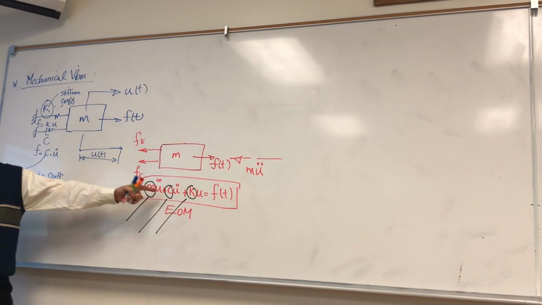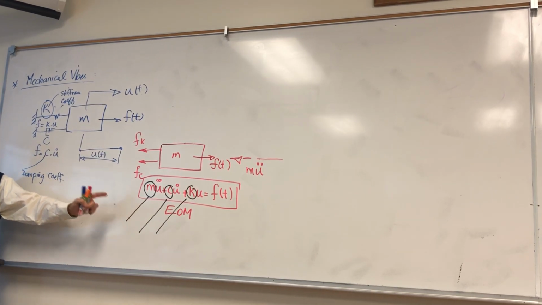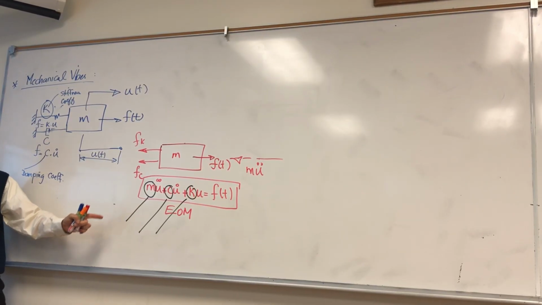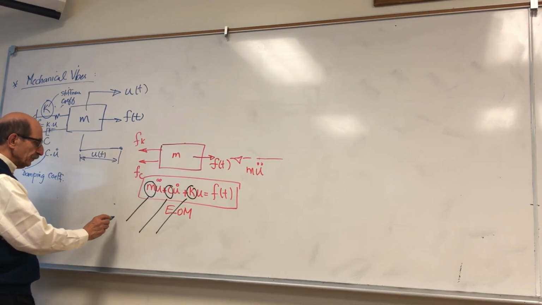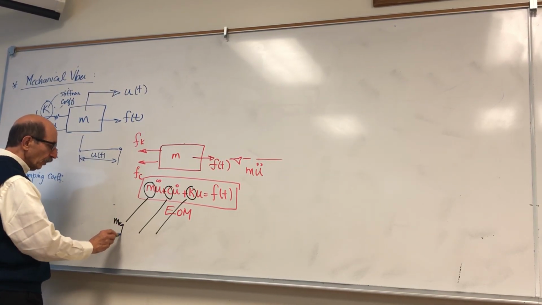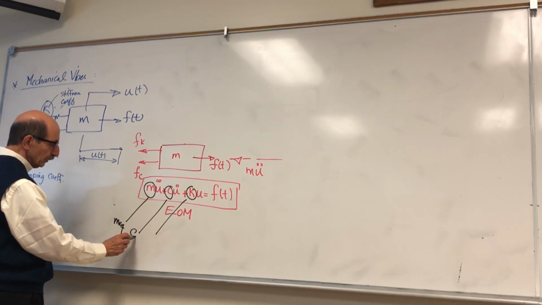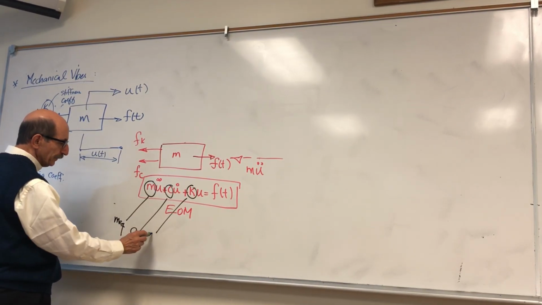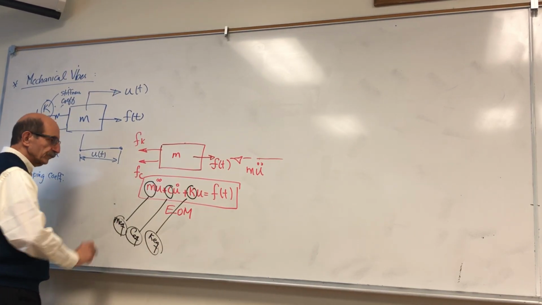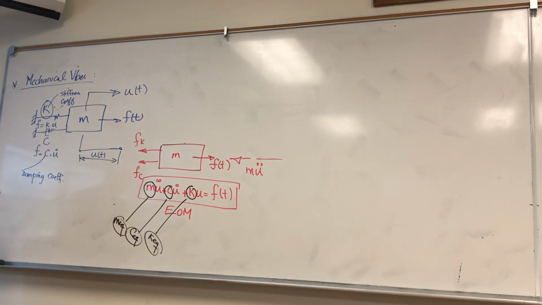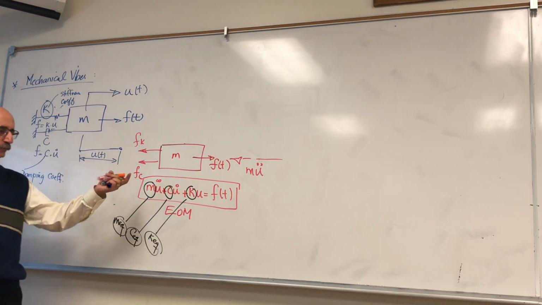In order to set up this equation, the first and foremost important step is to be able to model the system. Modeling the system means to find what is the equivalent mass, what is the equivalent damping, and what is the equivalent stiffness in the system. We will see that. And the second is to be able to solve that.